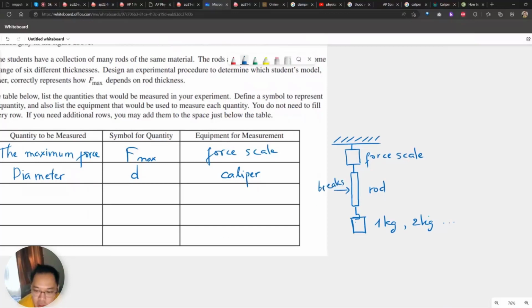Yes. So you need a bunch of different weights, like from 1 kilogram, then you increase to 1.1 kilogram, 1.2, 1.3, etc. slowly, because if you suddenly increase from 1 kilogram to 5 kilogram, it will immediately break, and you don't know exactly which force is the minimum force required to break the rod.